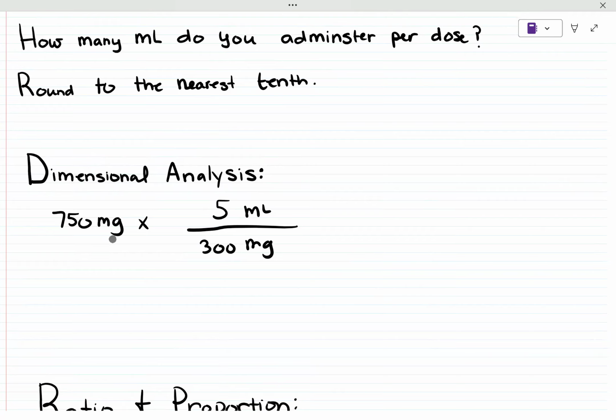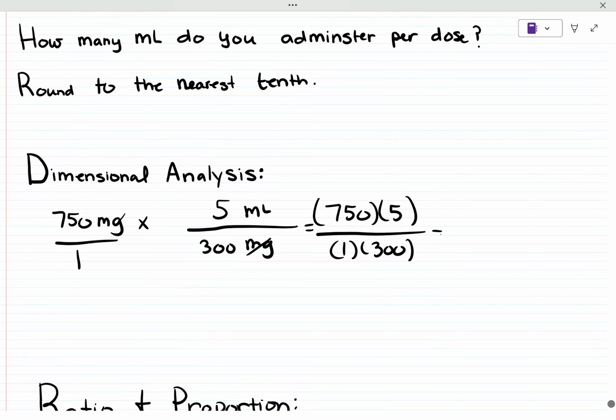That's supposed to be given. And then the milligrams disappear, and then multiply across, so 750 times 5, and then 1 times 300. And that gives you 12.5.